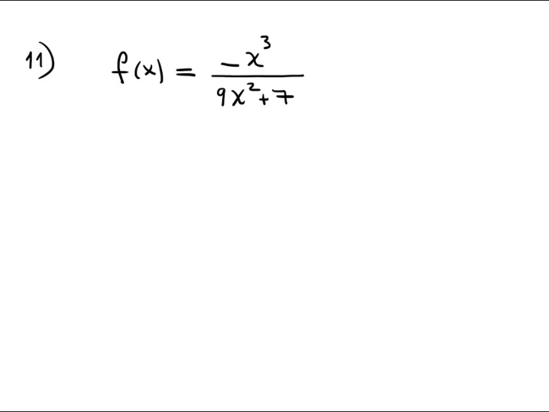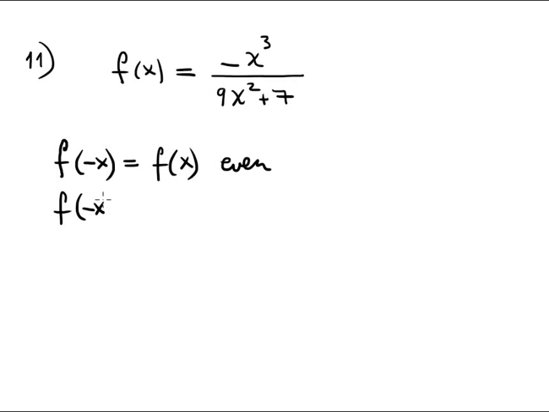Okay, number 11 is determine algebraically whether the function is even, odd, or neither. Remember the systematic way: you replace x with negative x. If when you replace you obtain exactly the same, it is even. If when you replace you get completely the opposite sign, it is odd. Otherwise, neither.